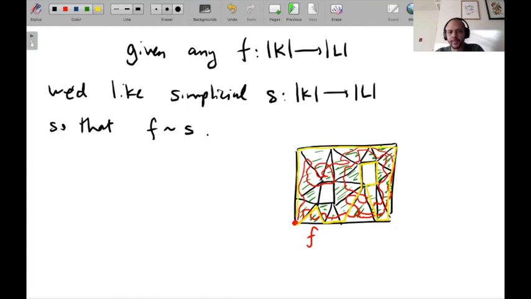Something like this. We would like to be able to homotope any map to a simplicial one, because that's going to give us a way to go from arbitrary loops to edge loops.